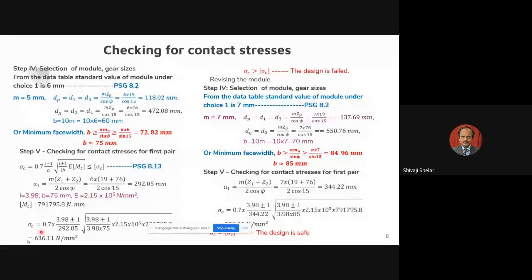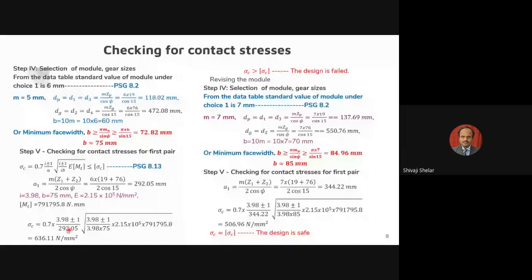After putting the design torque value in the equation of contact stress, along with the A value and the I value, and using the plus sign even though it is minus, we get the contact stress, with this being the face width of the gear.